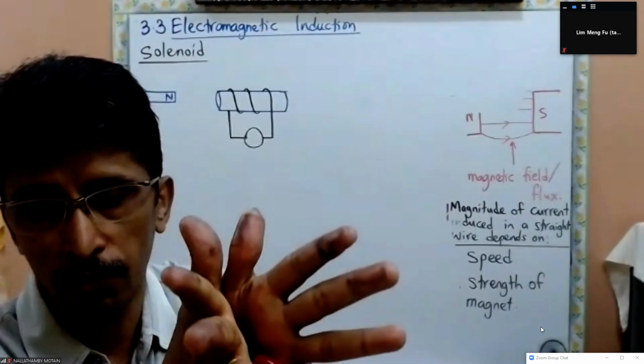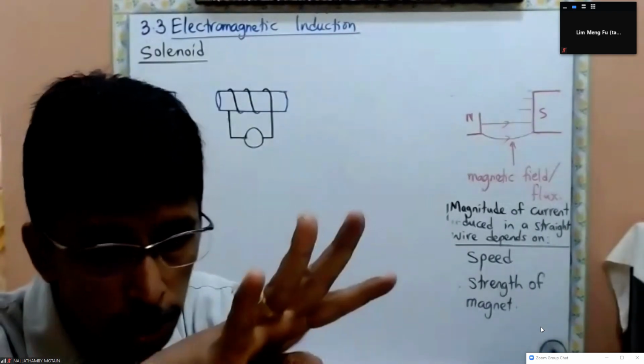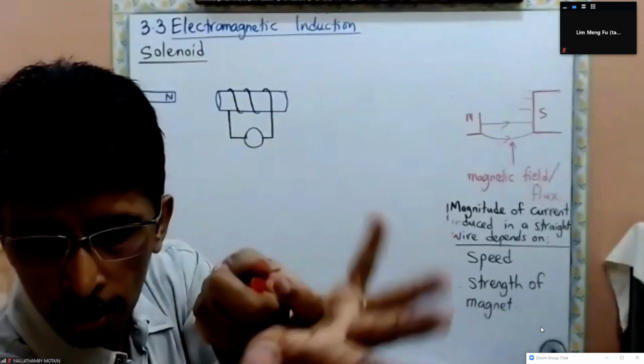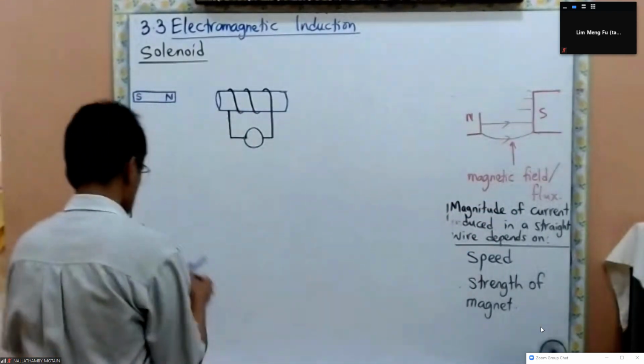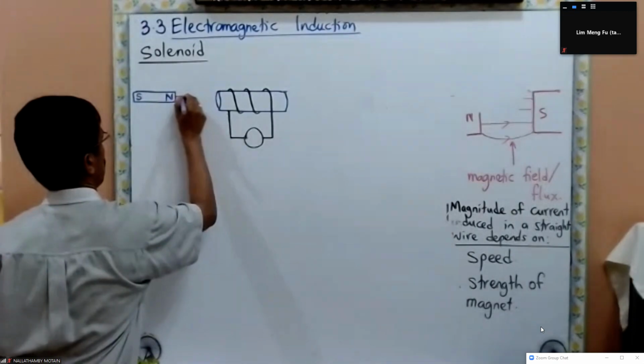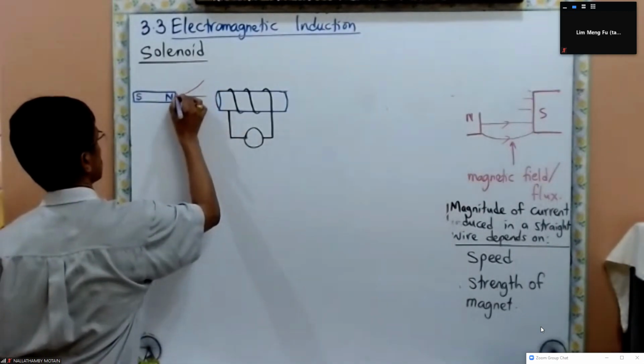But we can't see the magnetic field. So there will be magnetic fields like this.